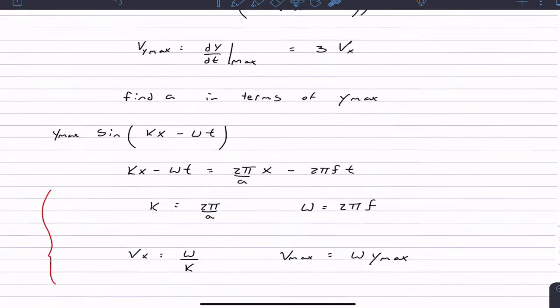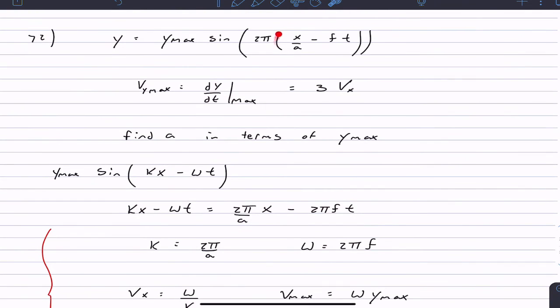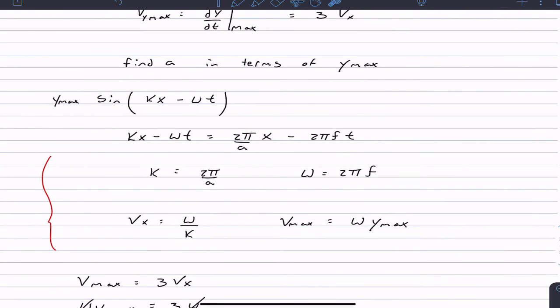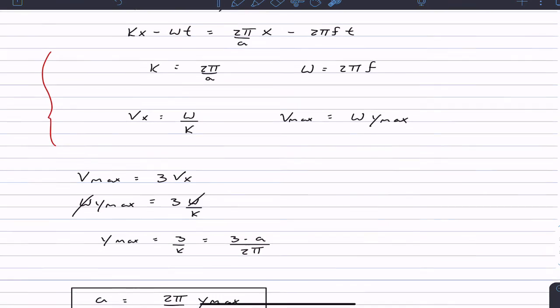So this problem was helpful to just lay out what you know. Take all this stuff in the argument, put it into a general format that you can recognize, and then you have your k, your omega. And then we also had these relationships, one of which was from the last chapter, but might also be listed in this chapter as well.